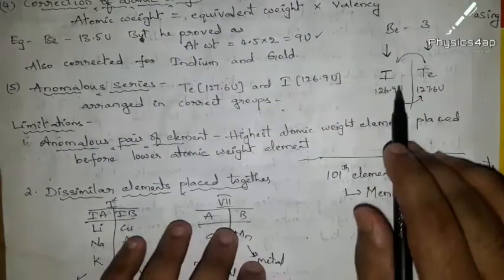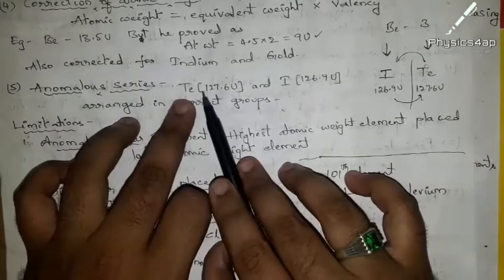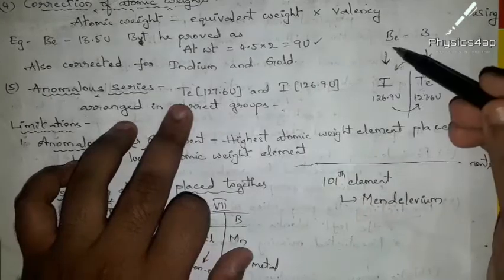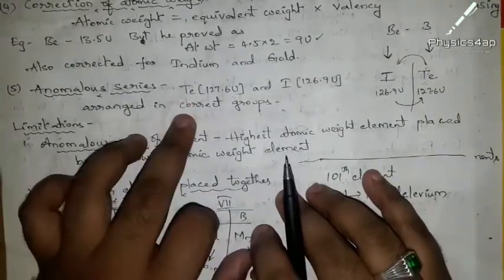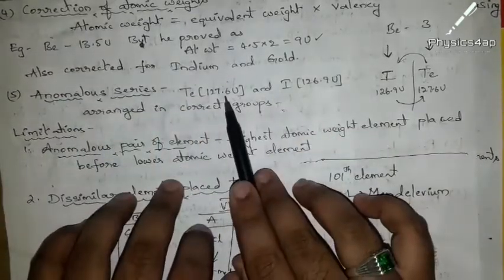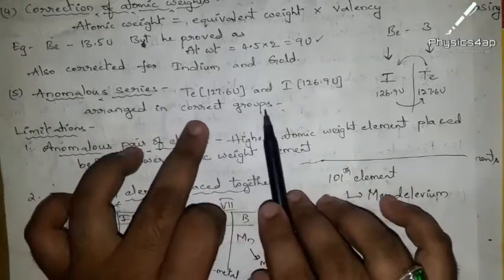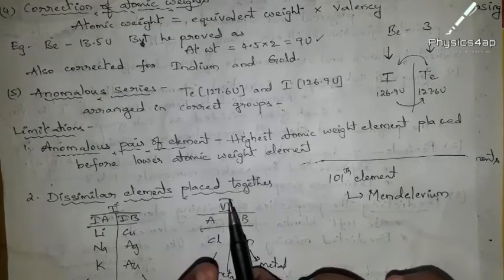Now he just swapped these two elements, first tellurium and then iodine. Then the chemical and physical properties along the group were successfully arranged. So he arranged these types of elements by keeping the higher element before and the lower element after, in the correct groups. This is one of the salient features of the Mendeleev periodic table.